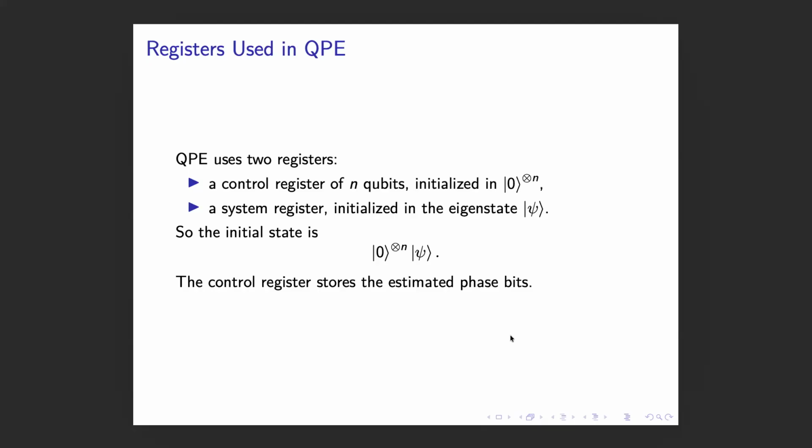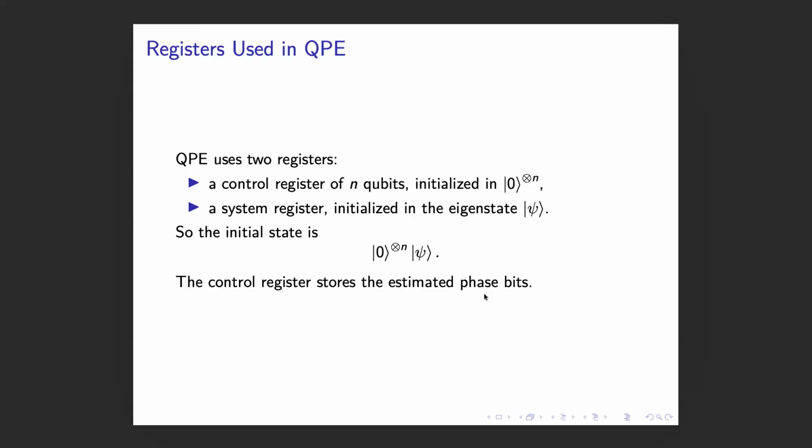Then there is a system register, which is initialized in a given eigenstate. So that means that the initial state is given by this set of initialized states times this eigenstate of the system, which is the one we are interested in. So the control register is the one which stores the estimated phase bits.